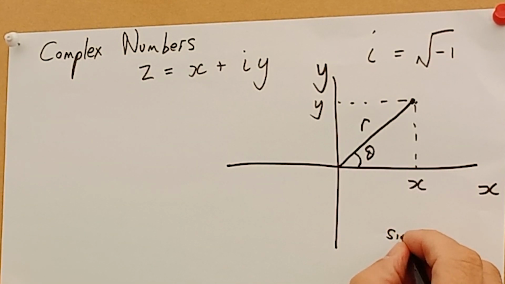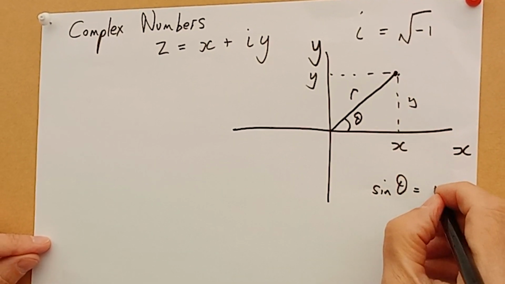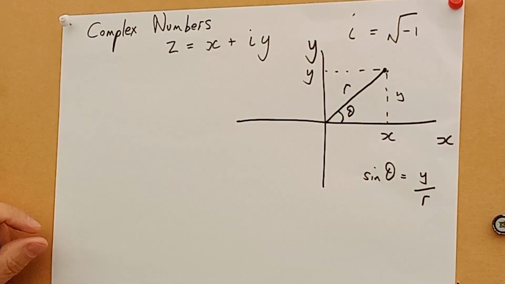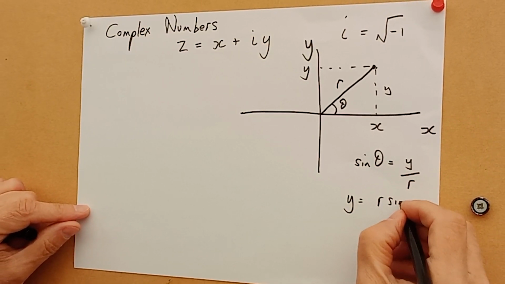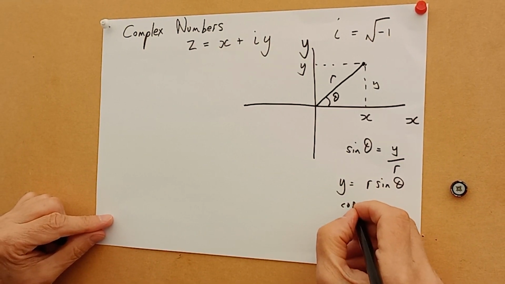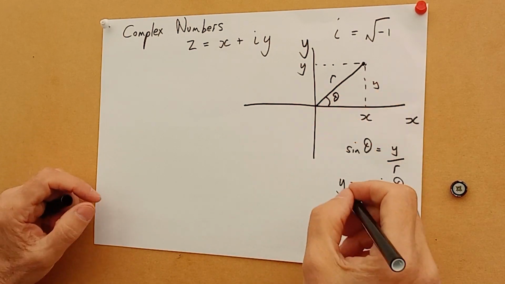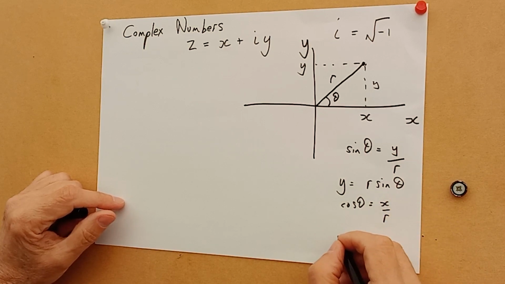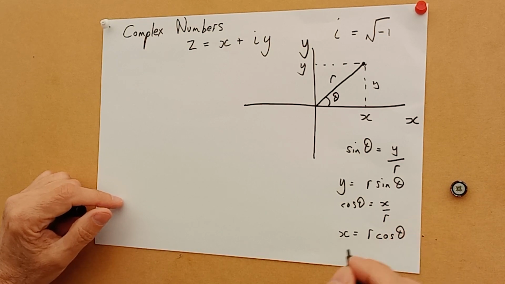So sine theta is y over r, so y equals r sine theta, and cos theta equals x over r, so x equals r cos theta.